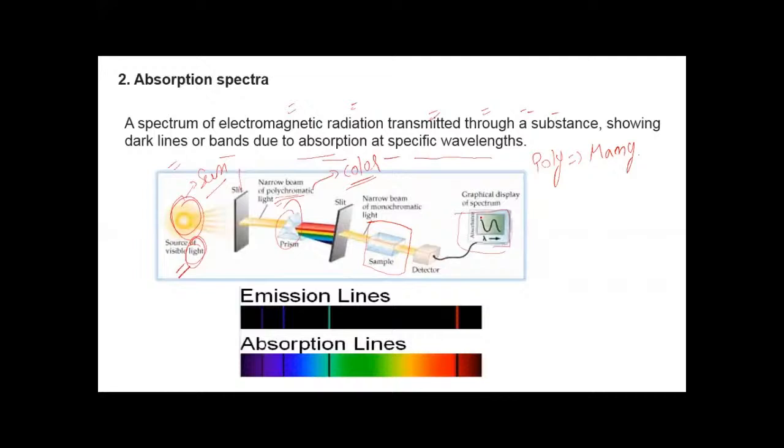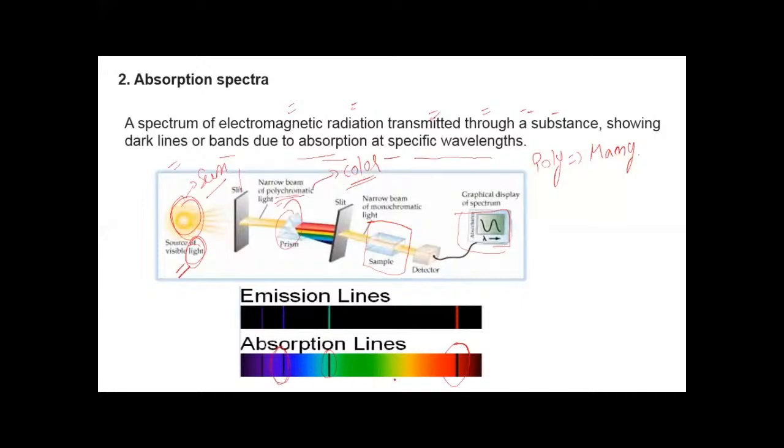What we will observe, this is emission spectrum and this is absorption spectrum. So this dark area will tell us these wavelengths are absorbed by the sample.